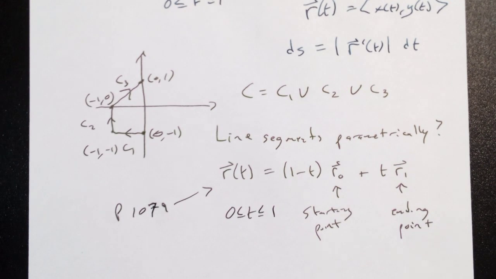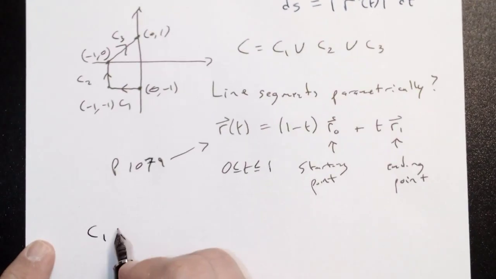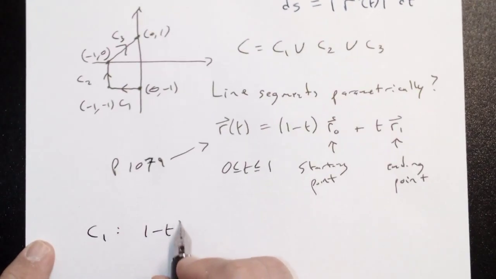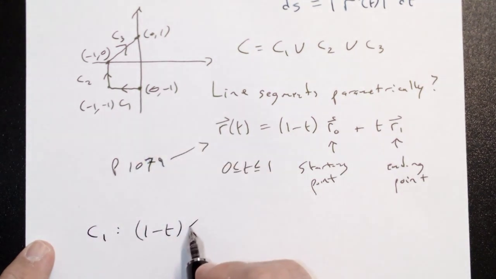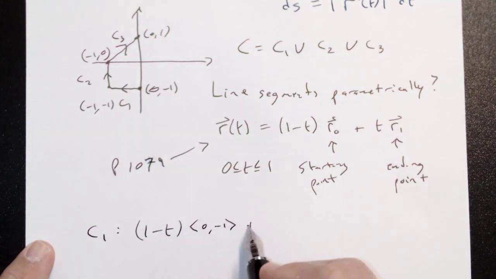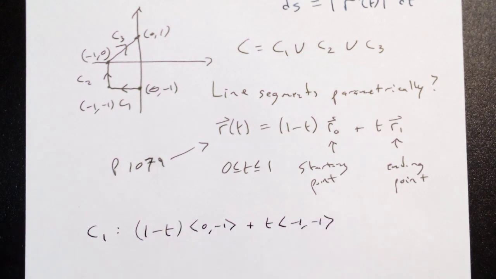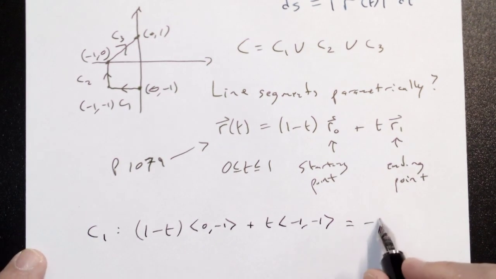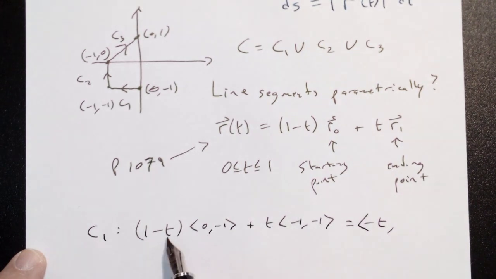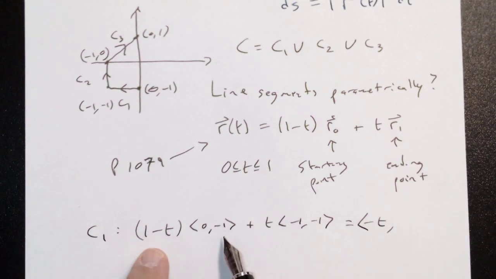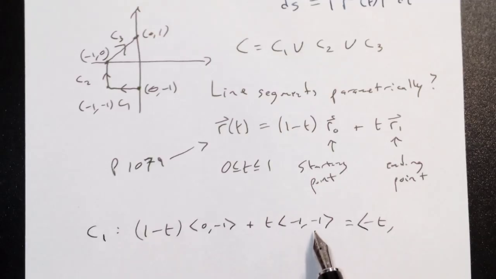So curve one here is 1 minus t times our starting point, 0, -1, plus t times our ending point, -1, -1. And then I just multiply through the vectors. And I get minus t, because I get 0 from this part, and I get the minus t here. And then I get t minus 1 minus t.